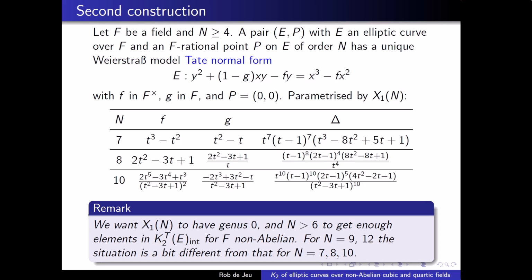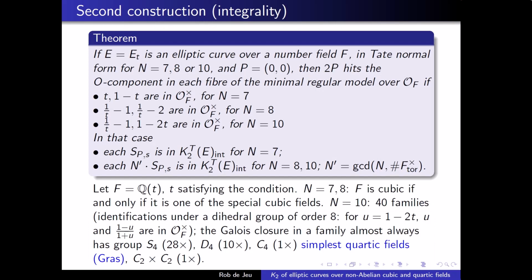Anyway, so you have a family with prescribed point order 7, 8, or 10, and you can write down the elements I just had on the previous slide. And then you may wonder when those things are going to be integral. They will be in the kernel of the tame symbol, but I want to be in the kernel of the tame symbol on the entire model of the curve.